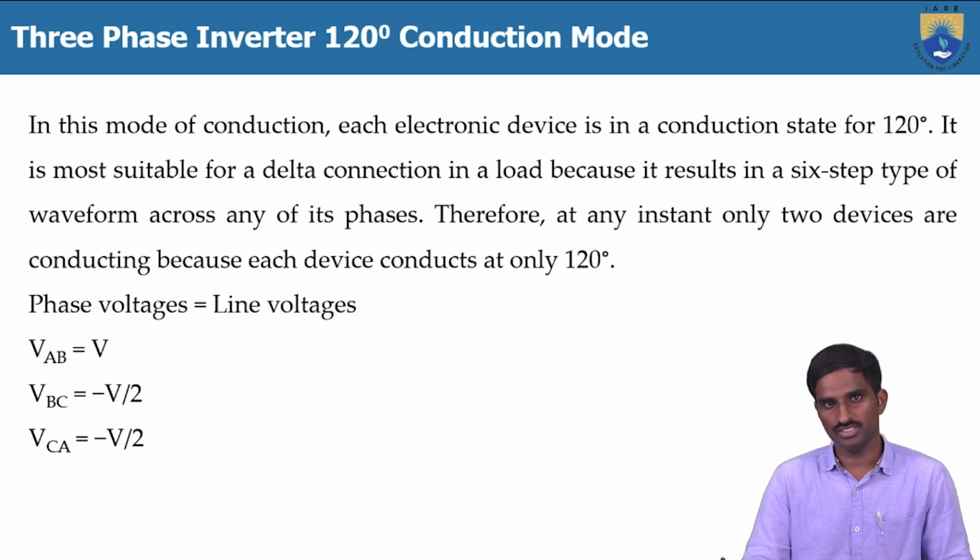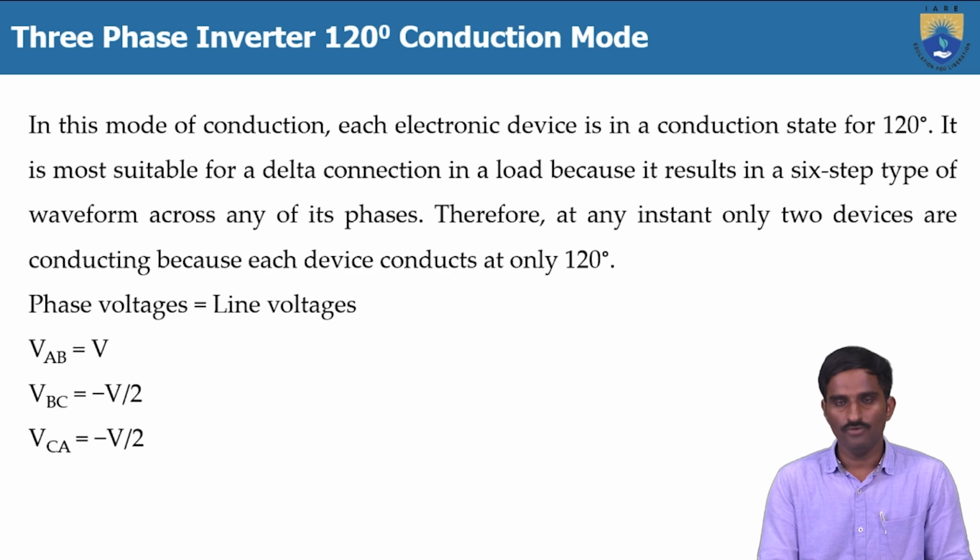And we have also discussed what is meant by the 120 degree conduction mode or 180 degree conduction mode, which means every thyristor in an inverter will conduct for a duration of 180 degrees, then that is a 180 degree conduction mode, and if it conducts for 120 degrees, then it is a 120 degree mode of conduction, right?